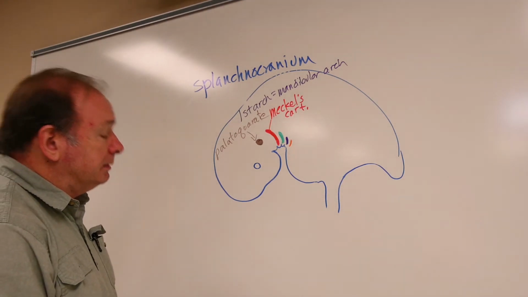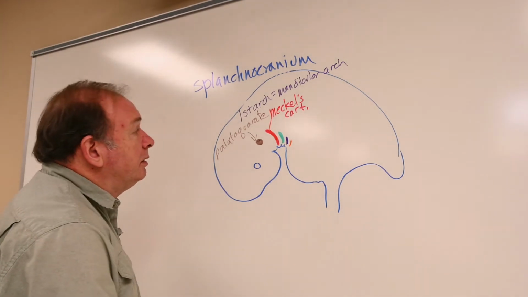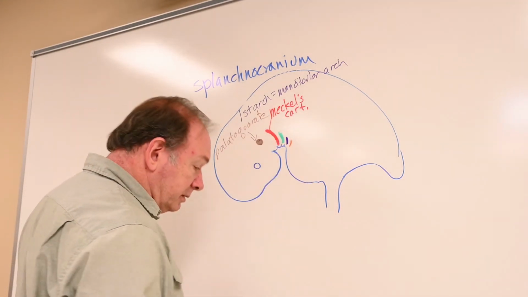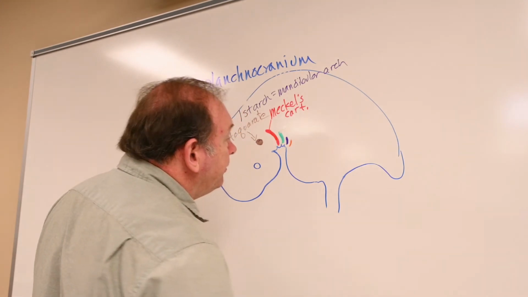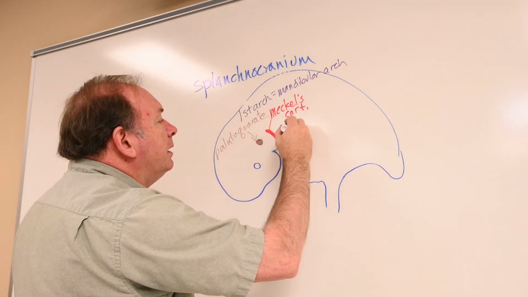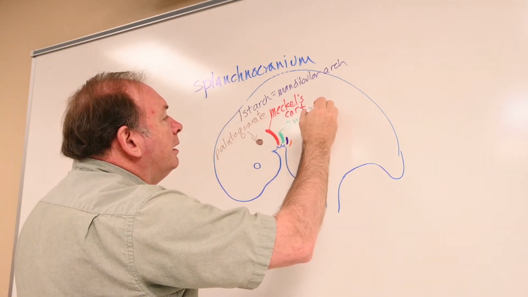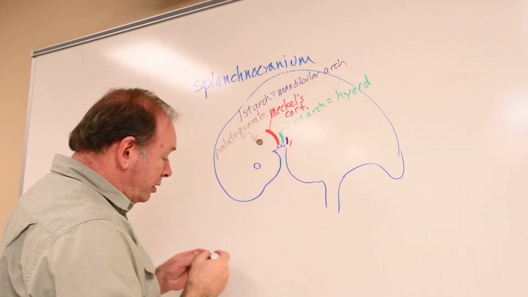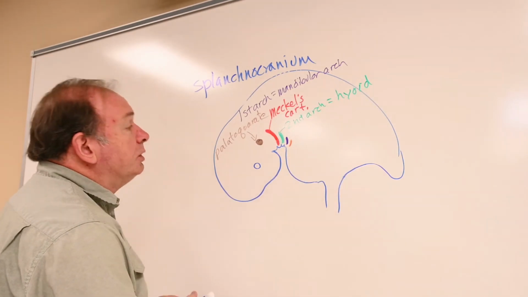Next, in green there, we have the second arch. That's also known as the hyoid arch. Second arch is hyoid arch.